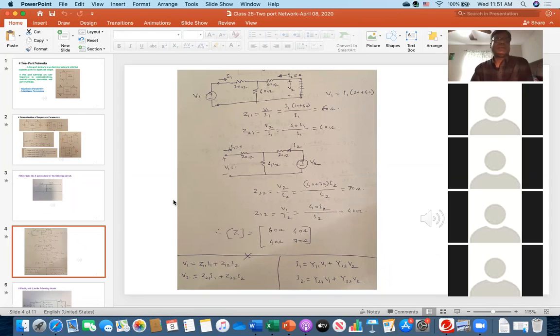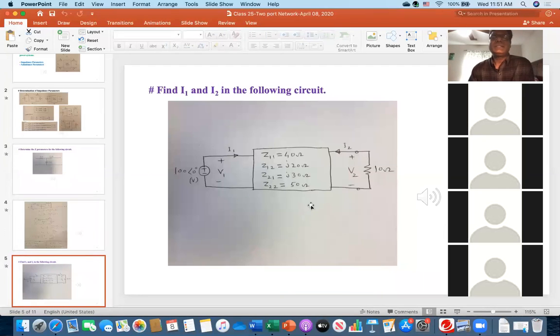Okay, so moving forward, let's have a look at another example of the impedance parameter calculation. You see this network. Day before yesterday or yesterday, I sent out an email that I have already uploaded homework set 5 with a due date of next week, April 15. There are 5 problems in homework set 5.